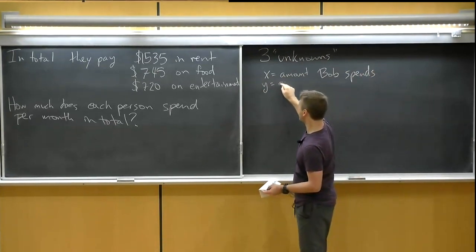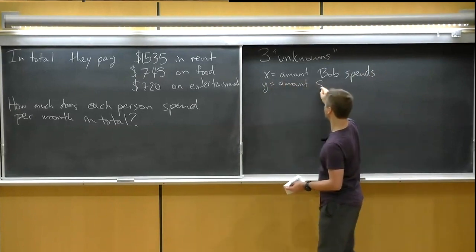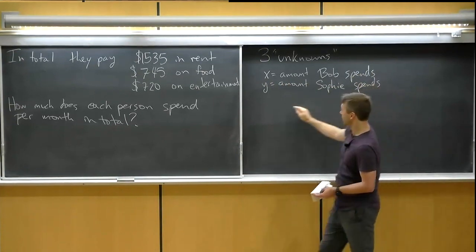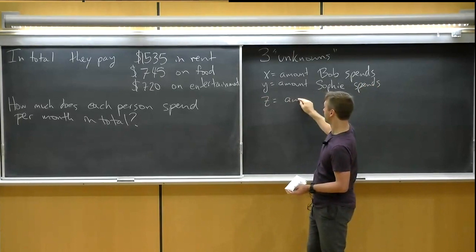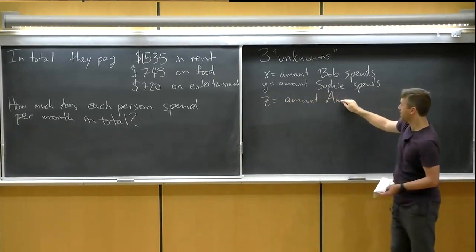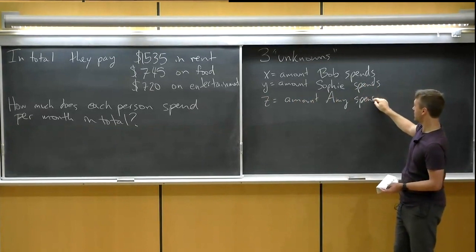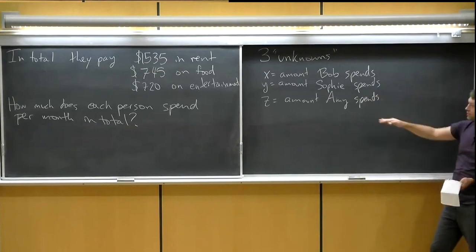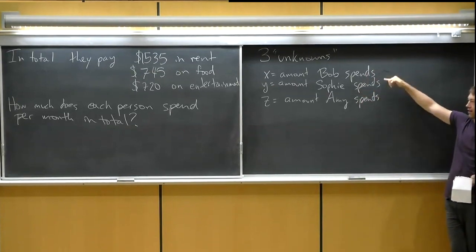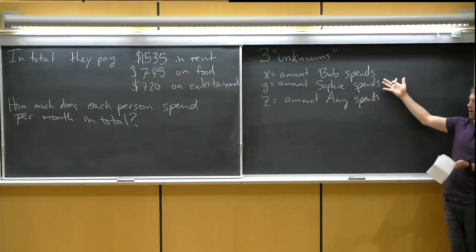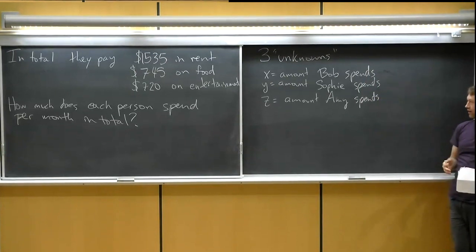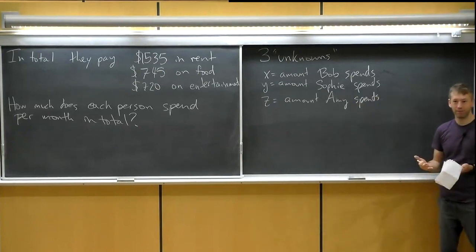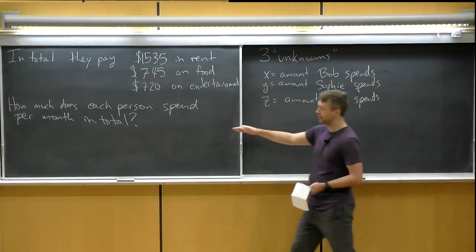Y is the amount that Sophie spends. And let's say Z is the amount that Amy spends. Right, so these are the three things we're asked to solve for. If you're wondering why I chose these three variables, these are the three numbers that we want to find in the problem. How much does each person spend per month?